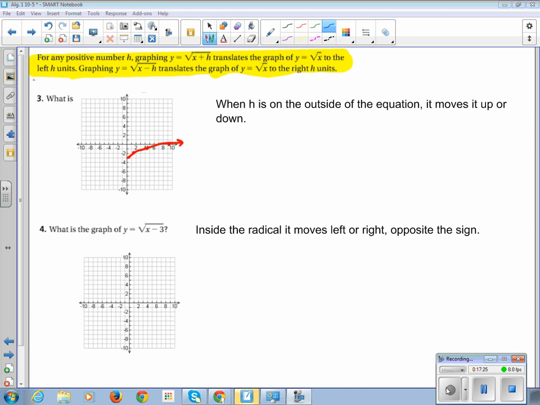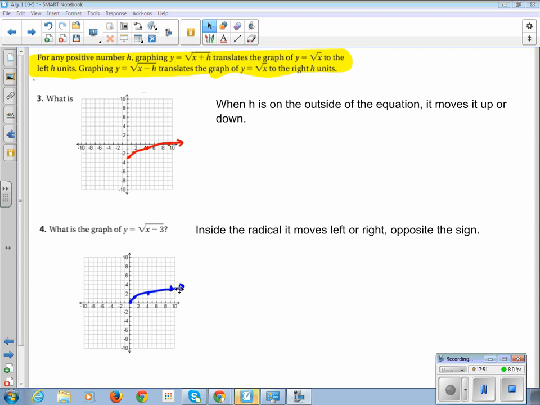So let me show you how that works again. I'll graph my parent function. Remember, it's 0, it's 1, 1, it's 4, 2, and it's 9, 3. So if you have your parent function, in this case, I'm going to move 3 units to the right.